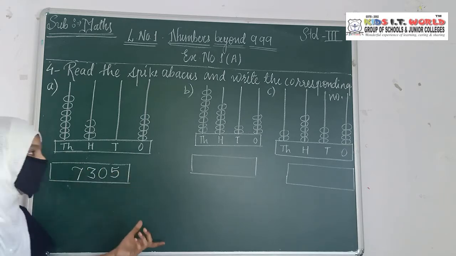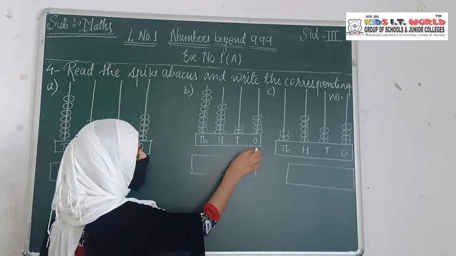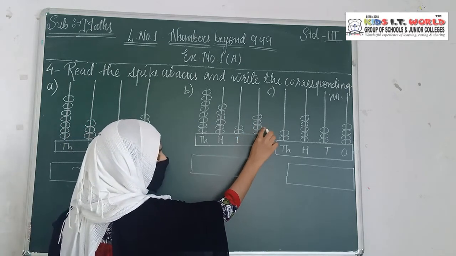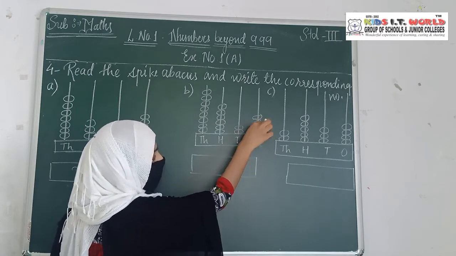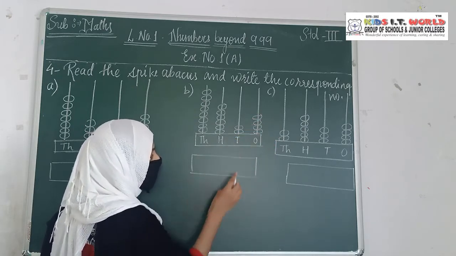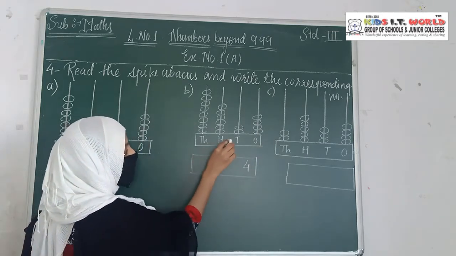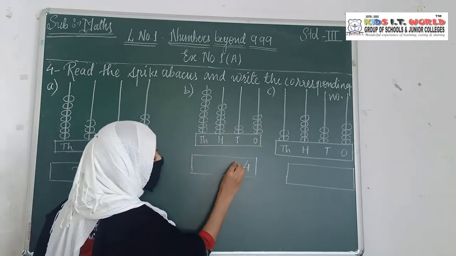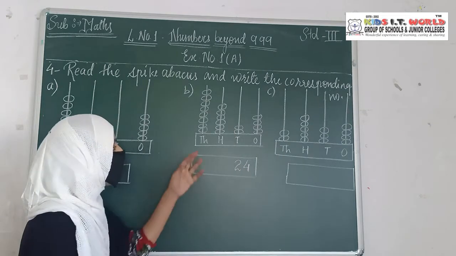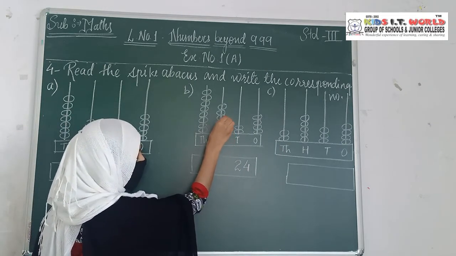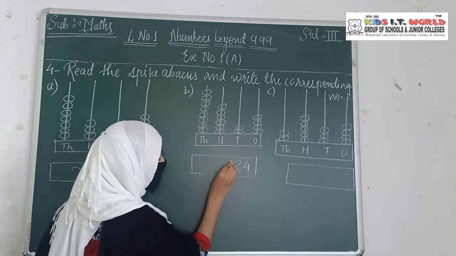Now let's see another example. Here also we will start from the ones. How many balls are there? 1, 2, 3, 4. Means the place value on the ones is 4. On the tens it is 1, 2. So we will write 2 here. On the hundreds it is 1, 2, 3, 4, 5, 6.